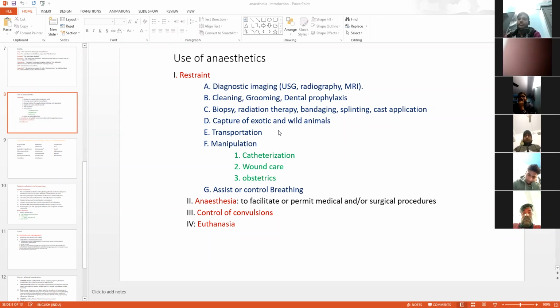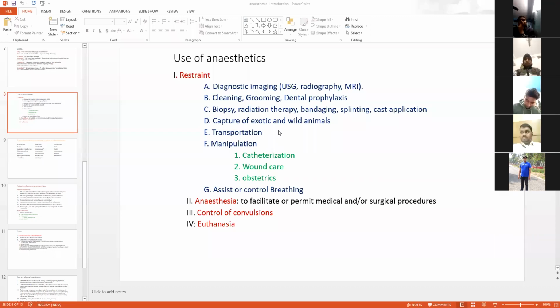Then some minor manipulations are there, like catheterization, wound care, and obstetrics. For obstetrics, if you are going to gynecological cases, then definitely local or regional anesthesia like epidural anesthesia is required. In the case of catheterization, suppose you are interested in collecting urine from the bladder for examination, for CBS examination or an antibiotic sensitivity test, then collection of urine is required.